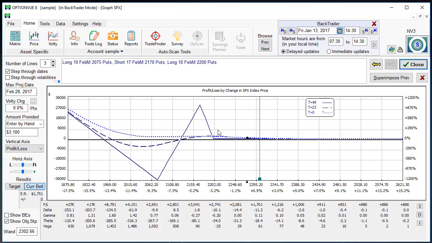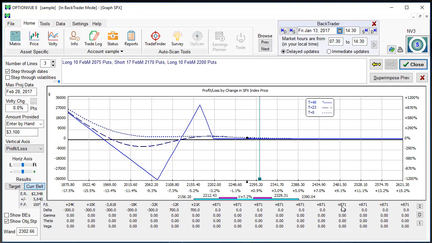That's how you do it. And then you keep your T+0 line nice and flat. You have guaranteed locked-in profit at expiration to the upside, and as long as you stay above this level right here, your expiration graph, then you maintain and you capture those profits.